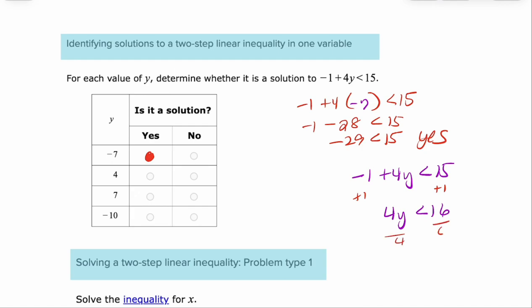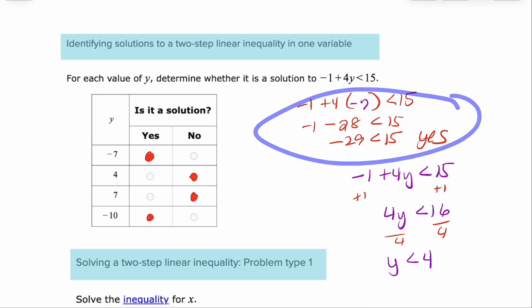Divide off the 4. So we get y is less than 4. So any of those values of y that are less than 4 would be a true statement. So is 4 less than 4? It sure is not. Is 7 less than 4? No. Is -10 less than 4? Yes.